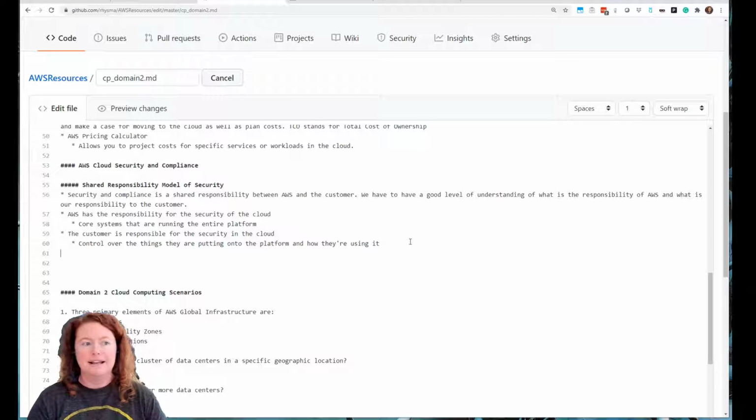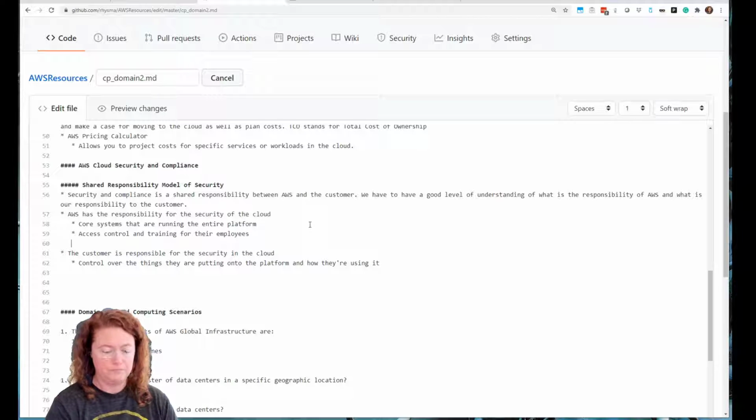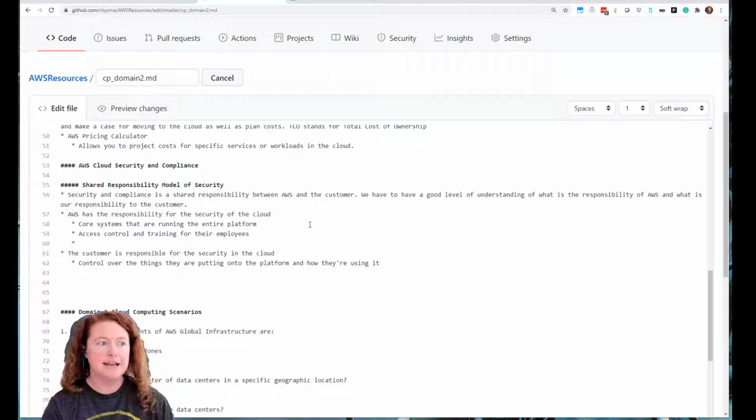So, like I said, AWS has the entire platform, the access control and training for their employees, control of what employees can access, and making sure they have the training to know what they need to do.